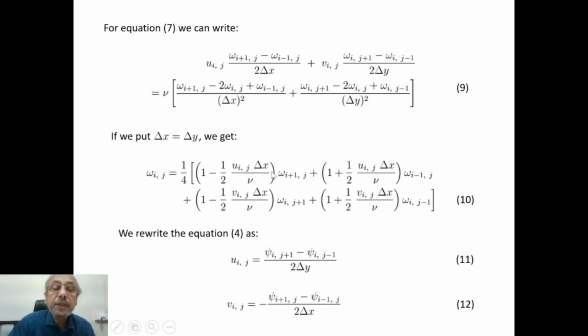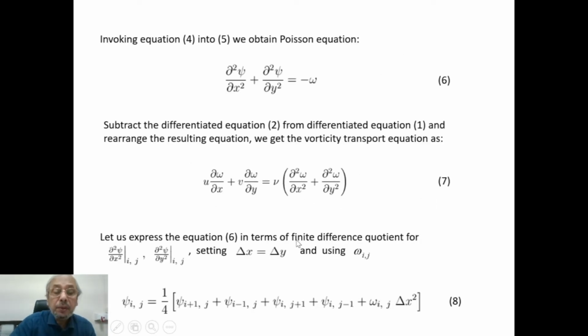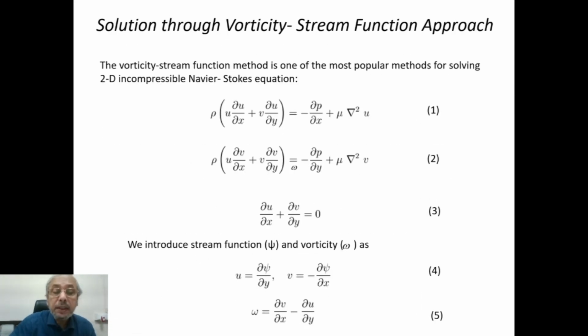But these coefficients are not constant coefficients. These are again dependent functions. uij is related to omega, vij is related to omega. Now, if you recall, we defined u and v from the stream function in equation 4.